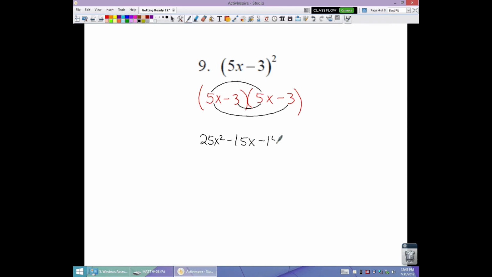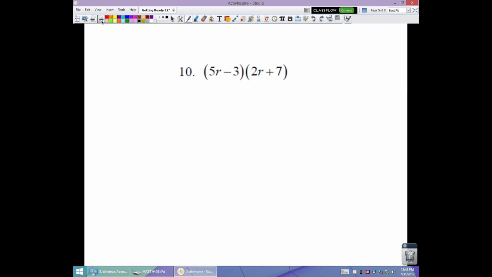Inners, another negative 15x. And last, negative times negative is positive 9. The two terms in the middle, now that's two of the same thing. That doesn't cancel. Negative 15 and negative 15 makes negative 30x. Right? They did not cancel and disappear. They combined to be negative 30.